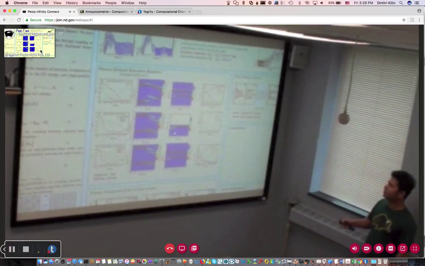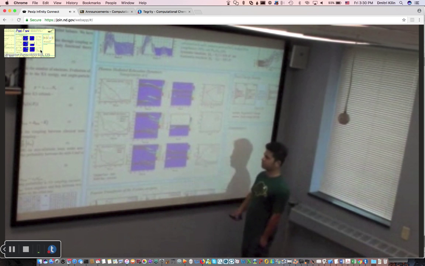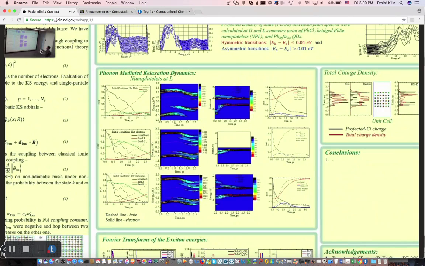The hole part is finished, the electron part is not finished yet, but I guess when the electron part finishes it will give us a similar result. This dashed line indicates the relaxation of the hole population with time. In this case, I consider all transitions, hot electrons and hot holes.